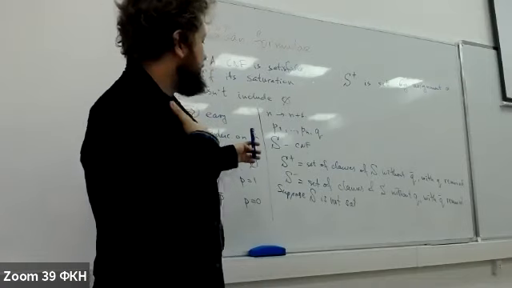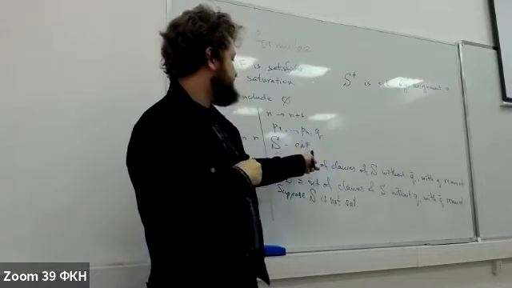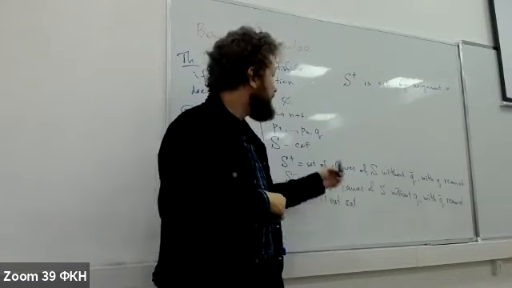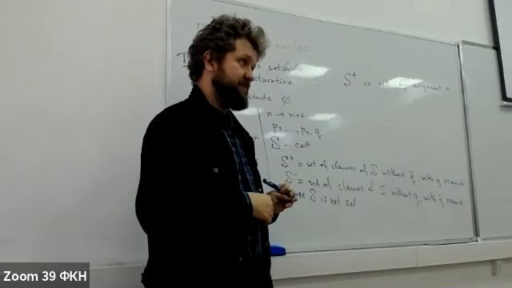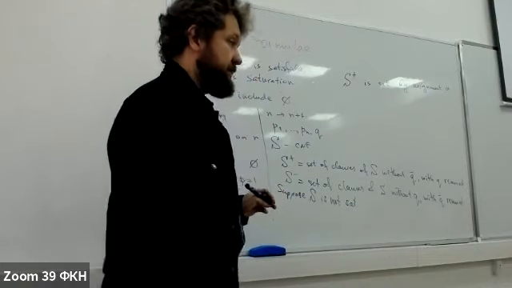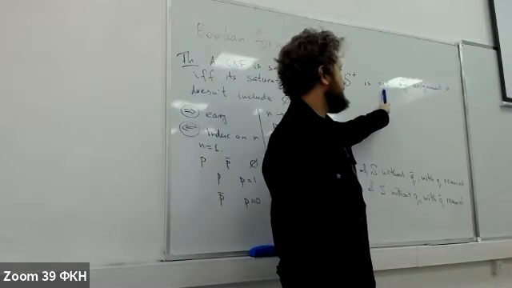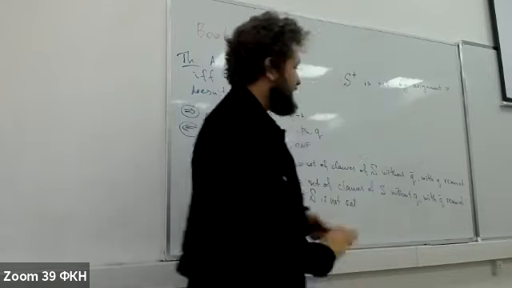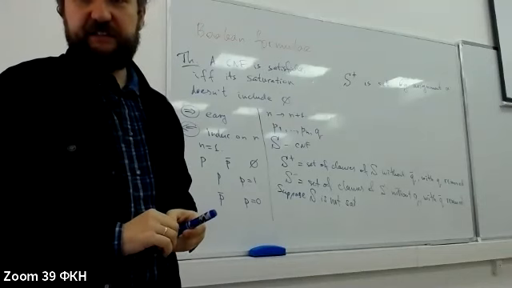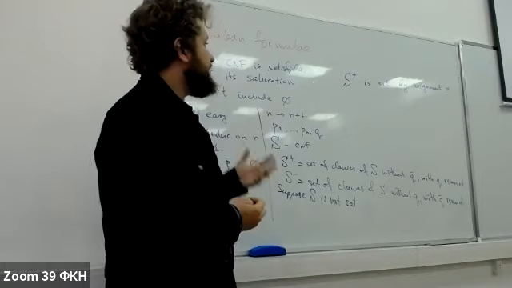What are we going to do? We want to prove that S is satisfiable. We suppose that it is not. And then we claim that these two are also not satisfiable. So if S plus is satisfiable, then there is some assignment alpha which satisfies S plus.